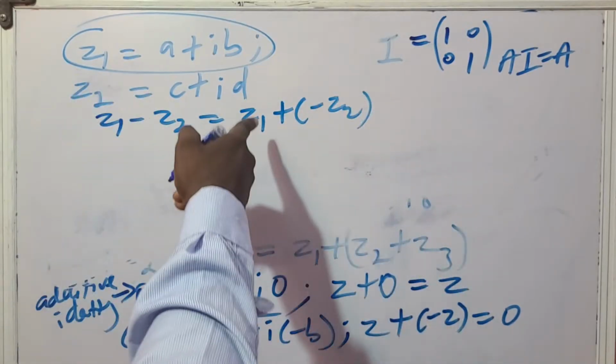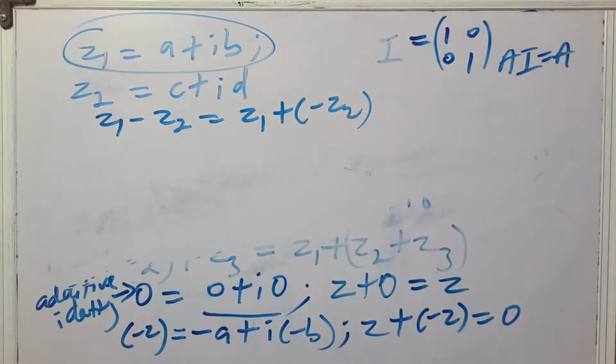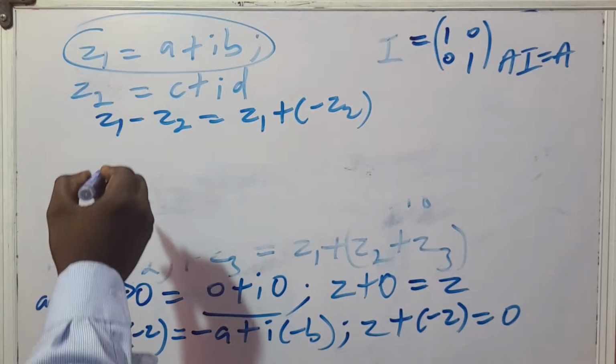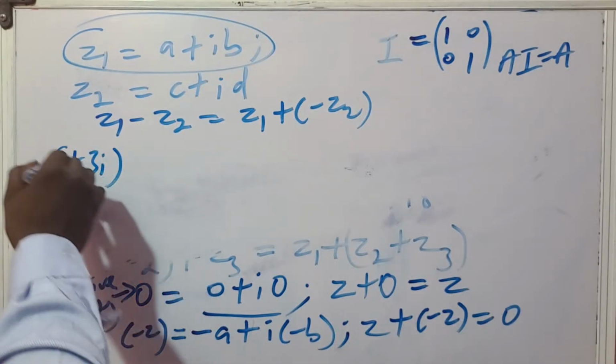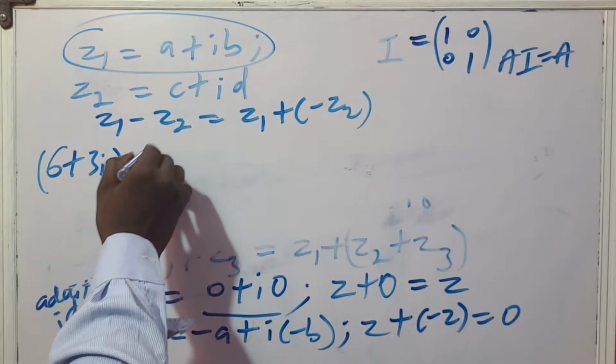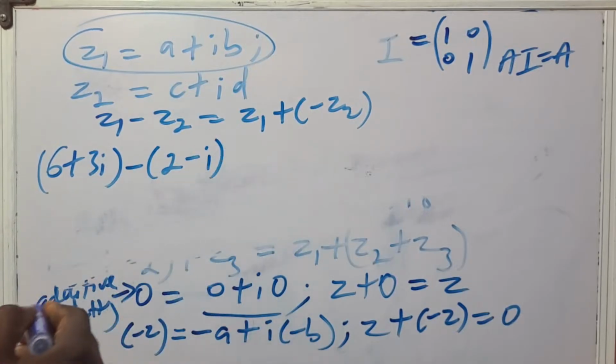Of course, it's still the same thing as Z1 minus Z2. Now, let's say we have an example where we have two complex numbers. Let's say we have 6 plus 3i. We'll be going into solutions very soon. I just needed you to know all these basics so that you don't ever stumble along the way.